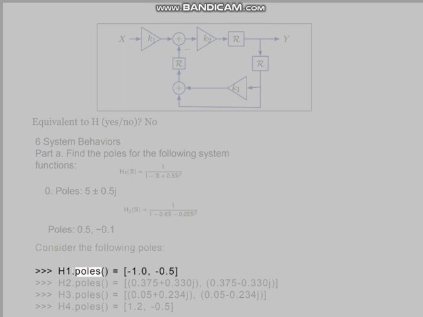H1.poles = -1.0, -0.5. H2.poles = 0.375 + 0.330j, 0.375 - 0.330j. H3.poles = 0.05 + 0.234j, 0.05 - 0.234j. H4.poles = 1.2, -0.5.